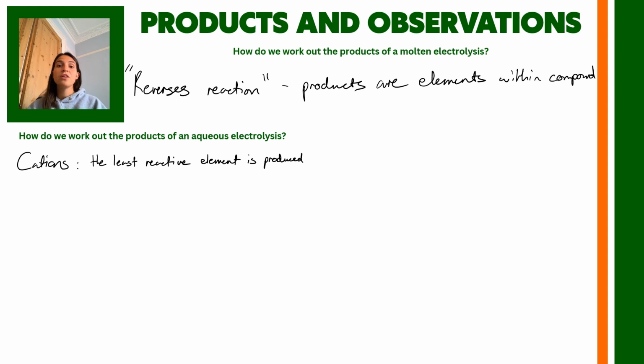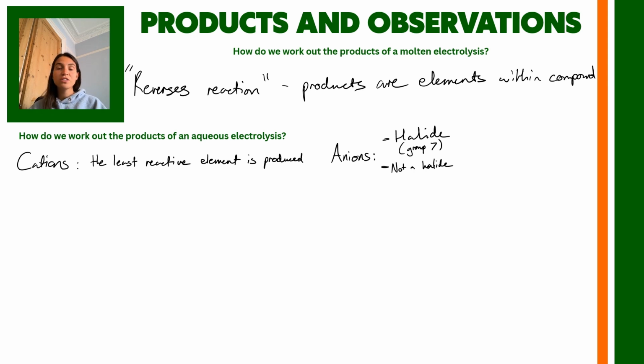Well, you can have those positive hydrogen ions coming from the water that you have dissolved this ionic compound in. For your anions, you have to think about whether you've got a halide or not.